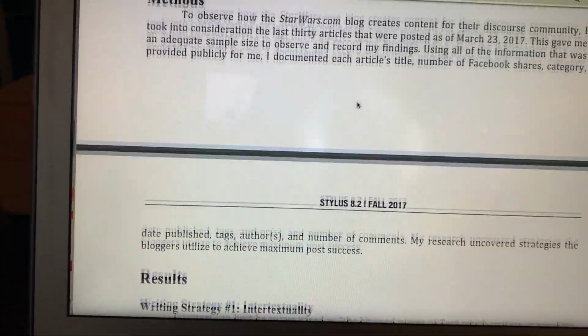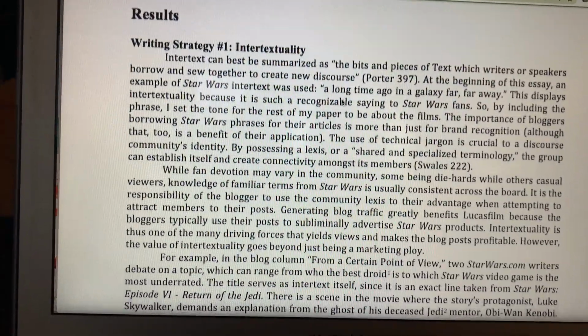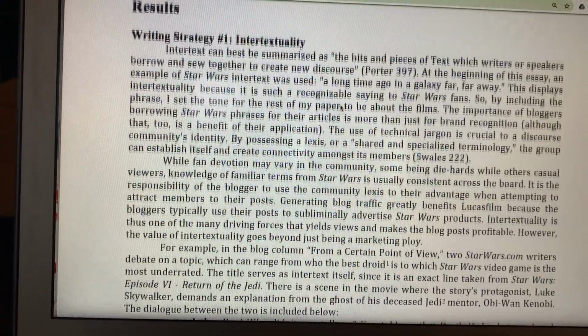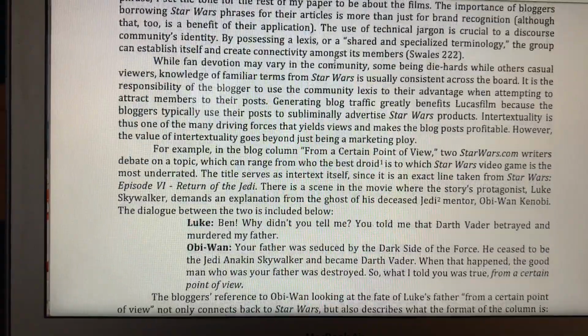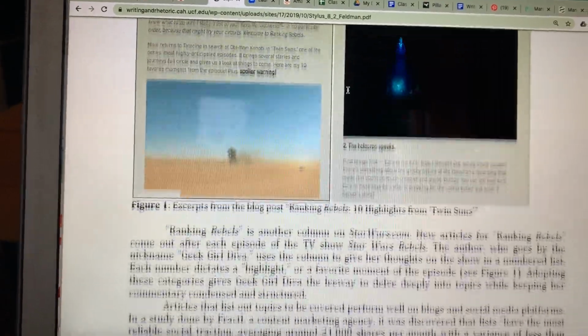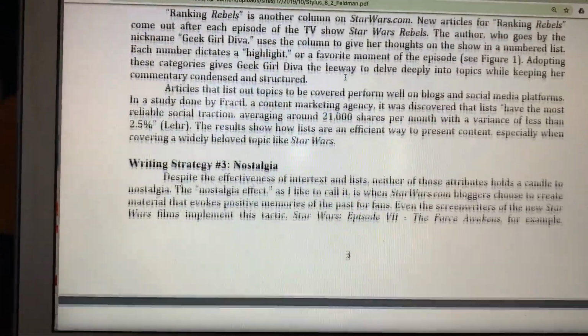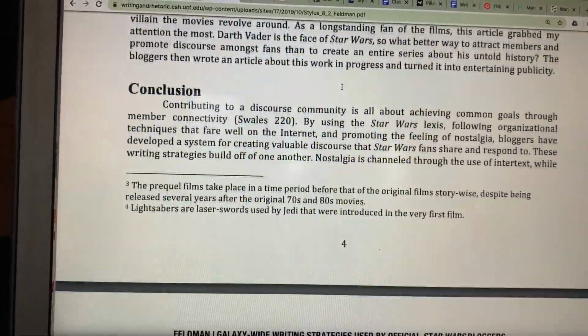Then notice too, the methods are super, super short, but where does she spend all of her time? On the results. So she breaks things down by writing strategies. She talks about intertextuality, gives examples of that. She talks about organization. Notice very nice multimodal composing here. And writing strategy 3, she talks about nostalgia, okay? And then a separate conclusion.